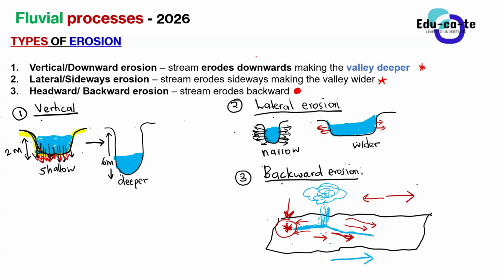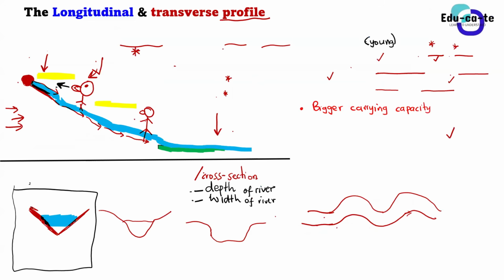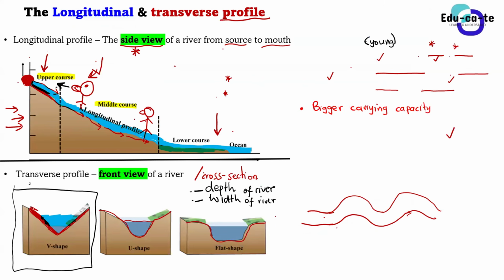You can fit more people in this river compared to what it was at the upper course. At the upper course, remember, the valleys were narrow. If we are going to swim in the river, you can only put fewer people in it because it's narrow, right?